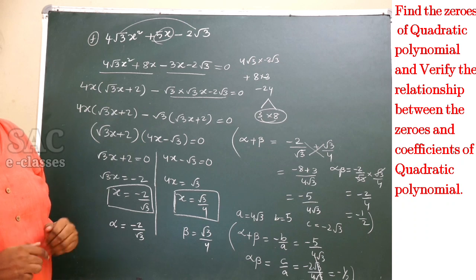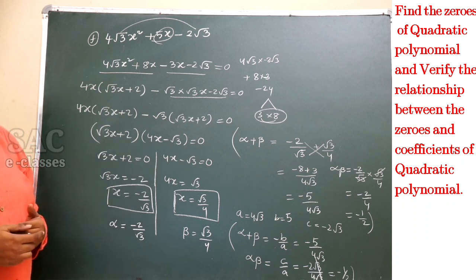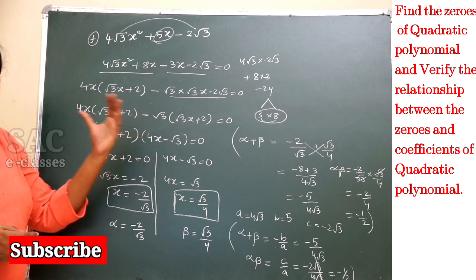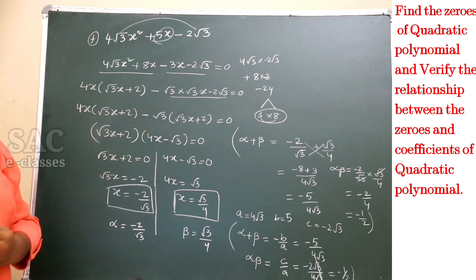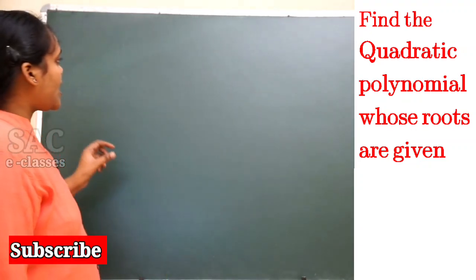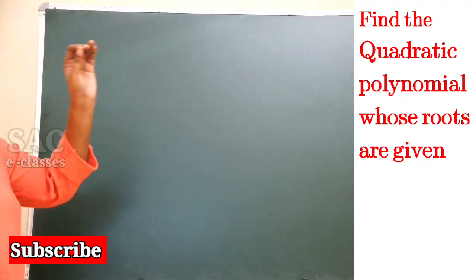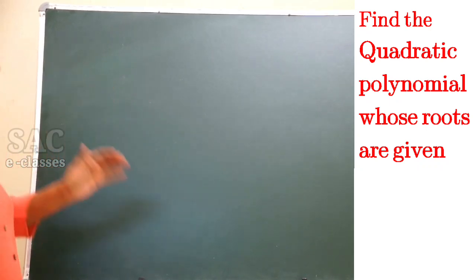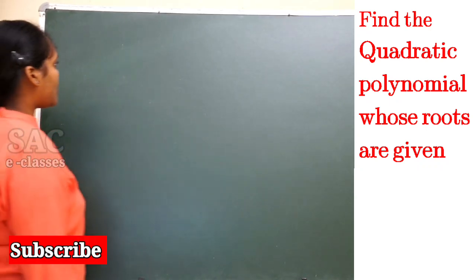Let's move to the next model, which is how to find the quadratic polynomial whenever they have given the zeros of the polynomial. If they have given the zeros, how can we find the equation of the given quadratic?